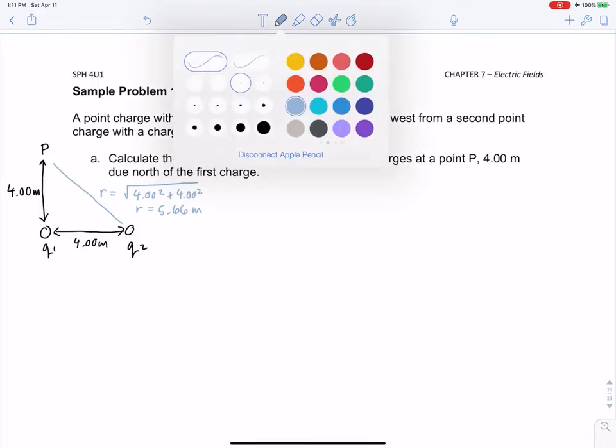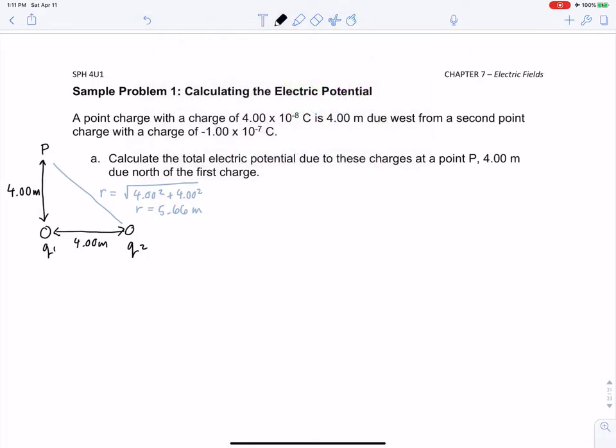So first thing we'll do is find the electric potential at point P with respect to Q1. So electric potential is equal to K Q1 over R. And R, we are looking at this distance here, which is the distance between Q1 and P. Let's plug in our values.